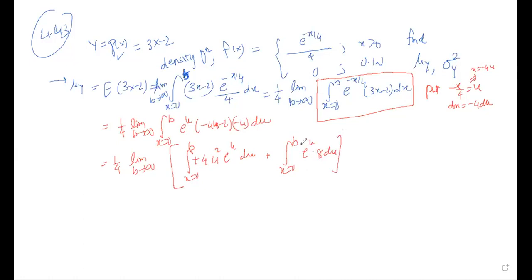This is simple because here you can take 8 out and integration e to the power u is e to the power u and x is equal to 0 to b.